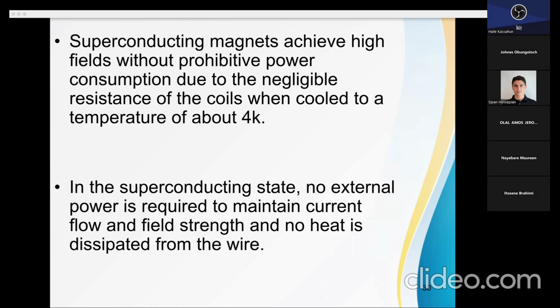But if you are able to achieve that, then the power consumption of that system also reduces, because you need to energize the system once, and you don't need to provide continuous energy into the system. So long as it is energized and there is zero resistance, you are sure that the system will continue in operation indefinitely, I would say, without you injecting more energy into the system.